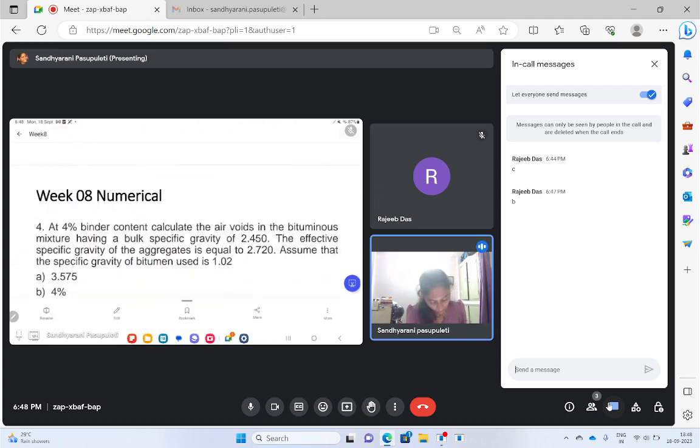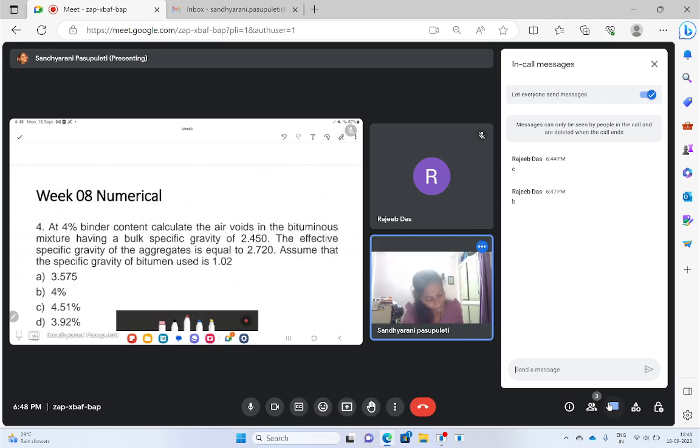And if we come to the fourth question, a 4% binder content. So binder content is 4%. At 4% binder content, calculate the air voids. The mixture has a bulk specific gravity of 2.45, so GMB is given as 2.450.